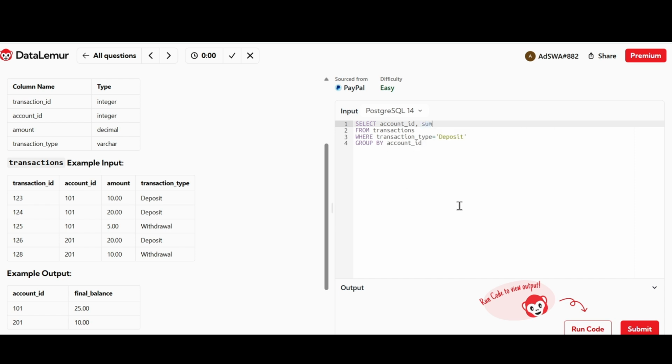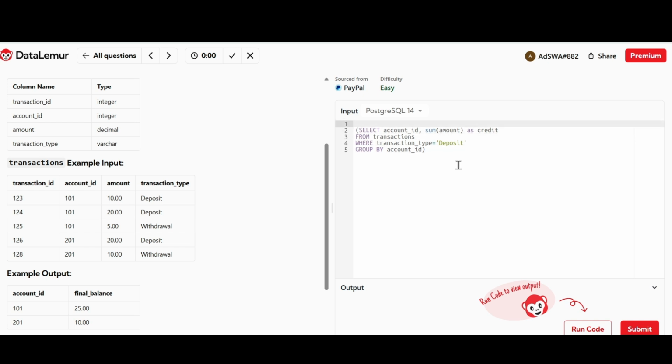So we will sum up the amount, and we can name it credit, because it is the amount which is credited into the account balance, and we will make it a common table expression.